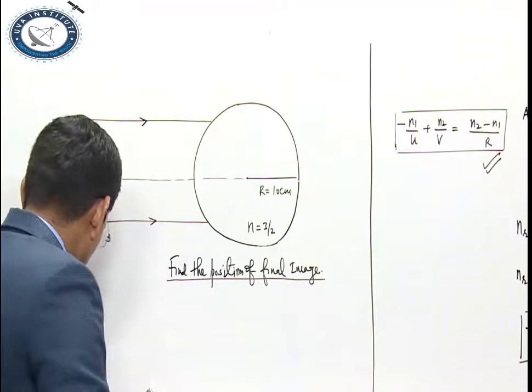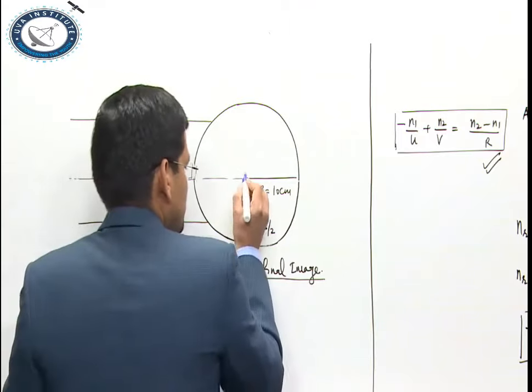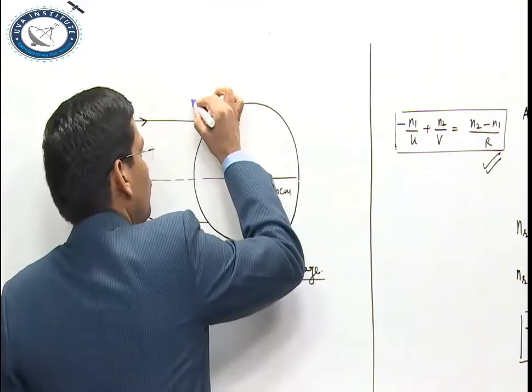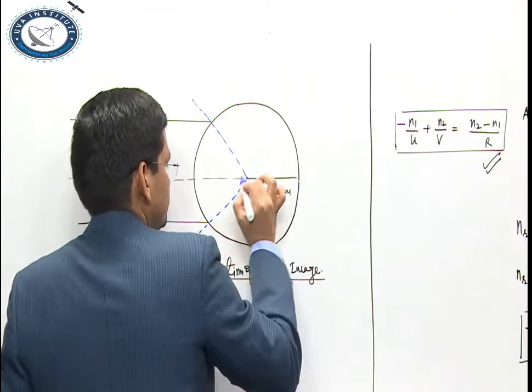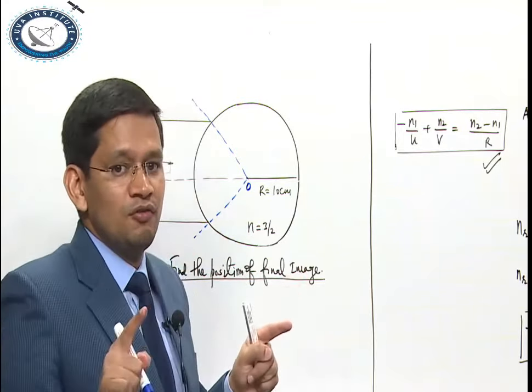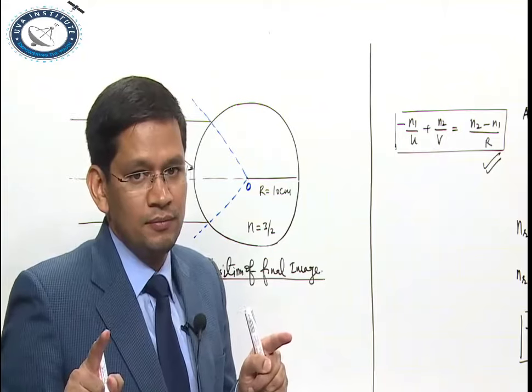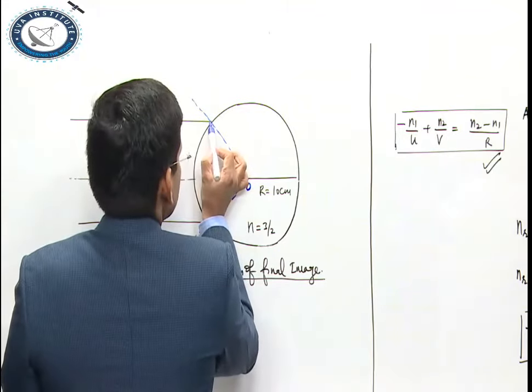So let's first try to understand this qualitatively, what would be happening here. This is the center. If I draw the normal, light going from a rarer medium to a denser medium will bend towards the normal. So it bends towards the normal and goes something like this.